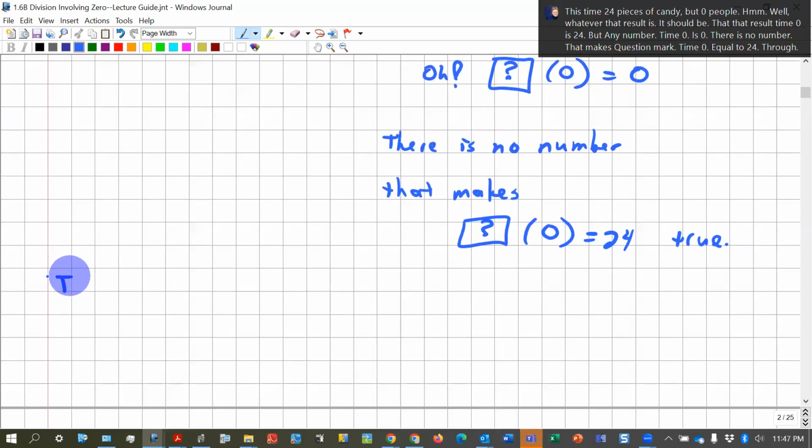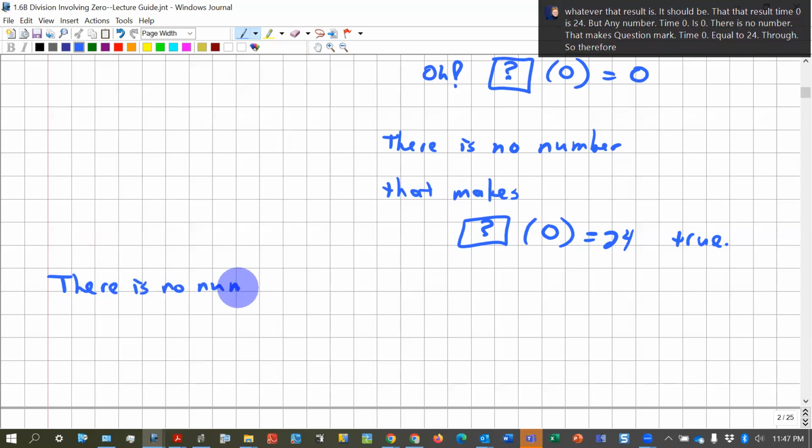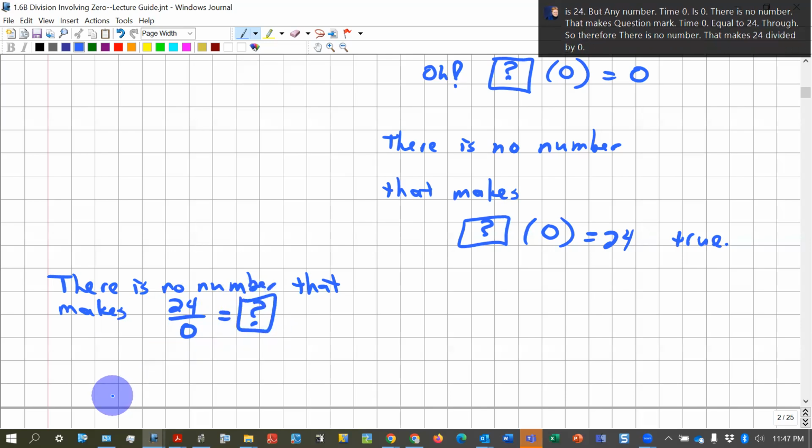So therefore, there is no number that makes 24 divided by 0 equal to that number true. It's impossible.